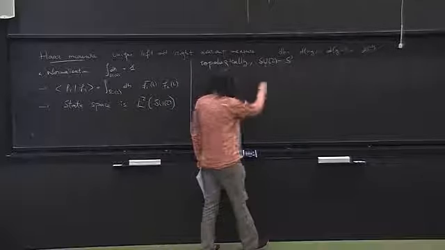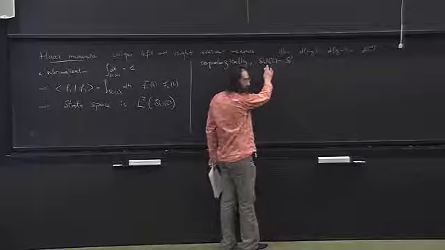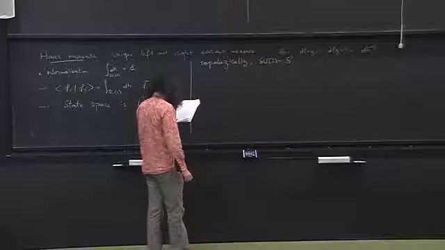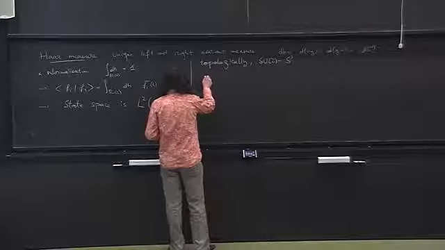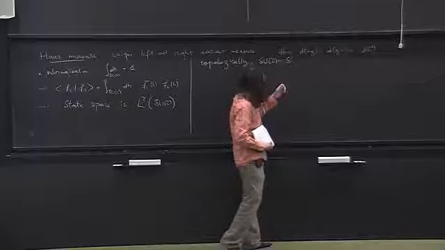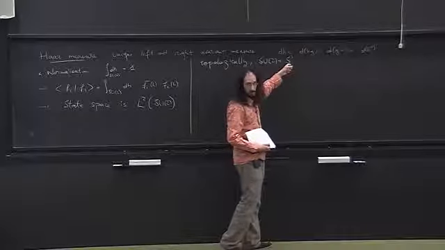What's more in SU2 than in R3 is that you have a group structure. And the Haar measure will basically be the natural invariant measure on the three-sphere.